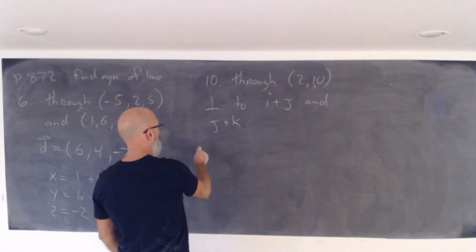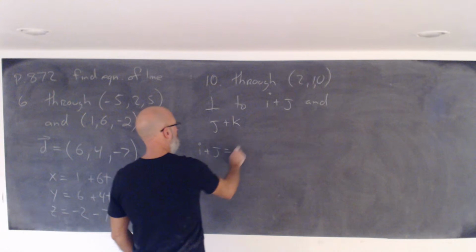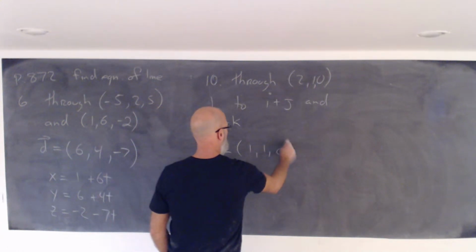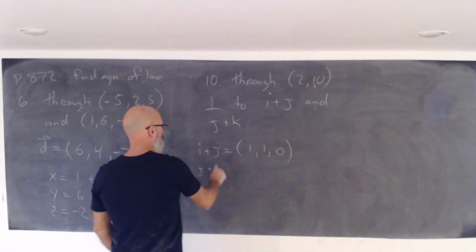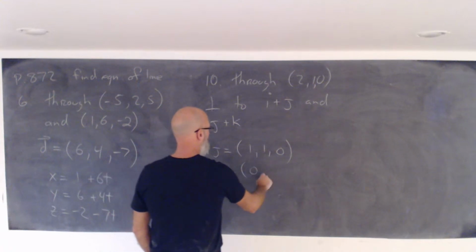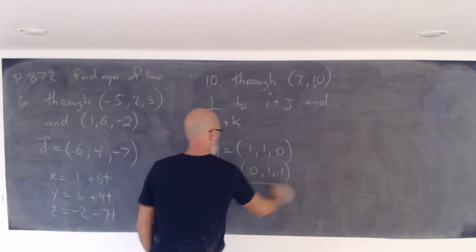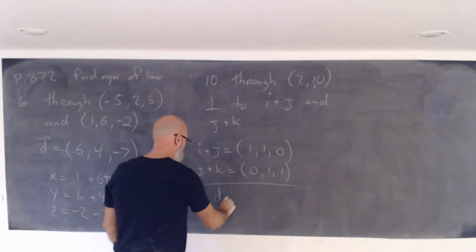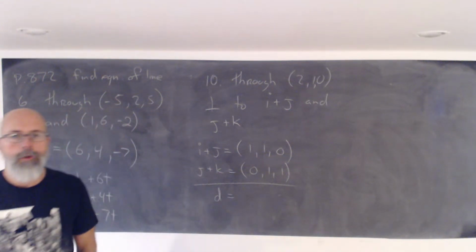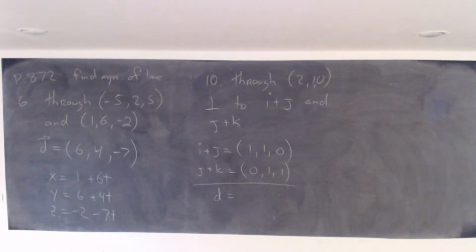But i plus j is the vector (1, 1, 0). j plus k is the vector (0, 1, 1). So a vector orthogonal to both we can use as the direction vector.